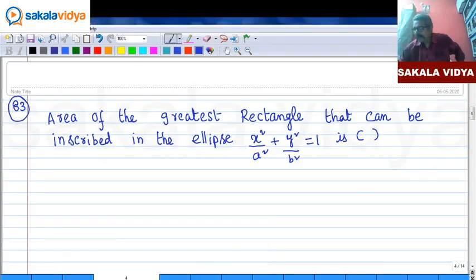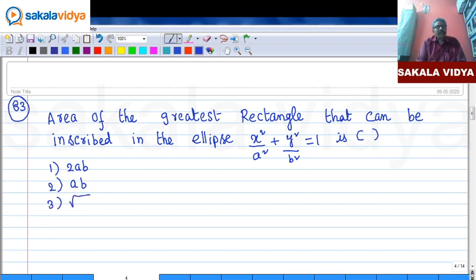Okay, so now the first option is 2ab, second option ab, third option root ab, fourth one is a by b.